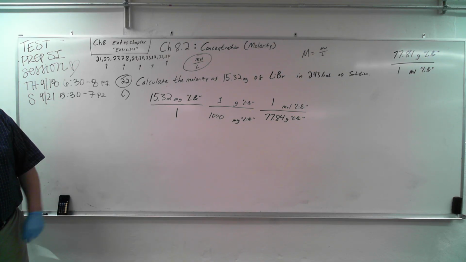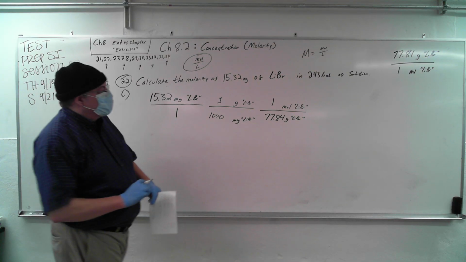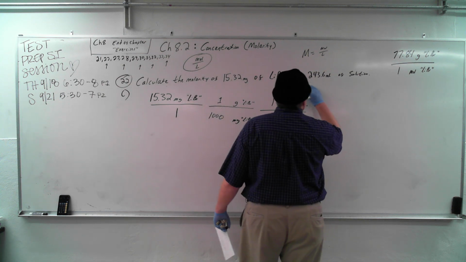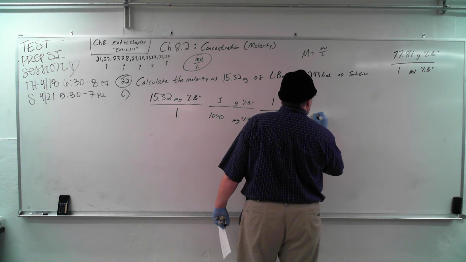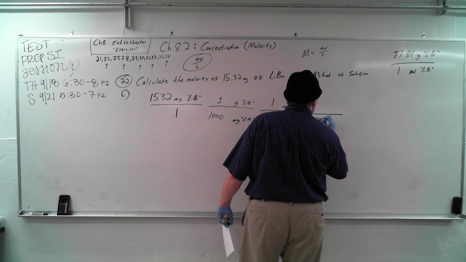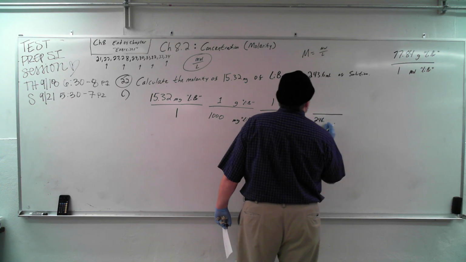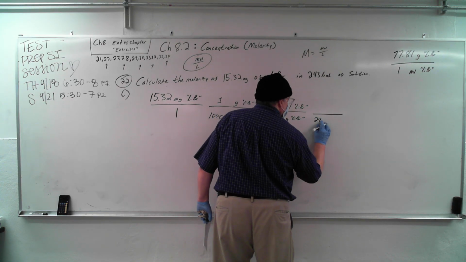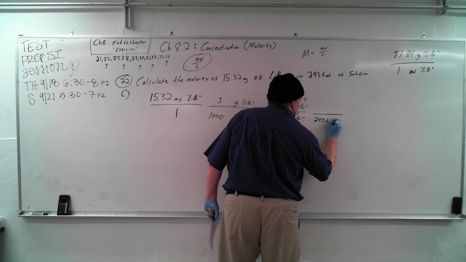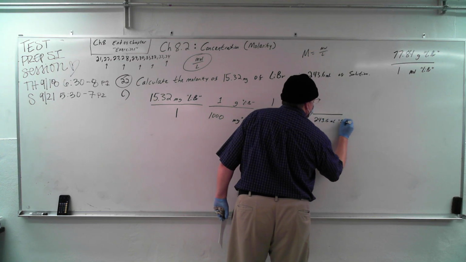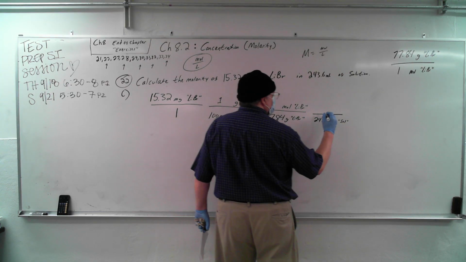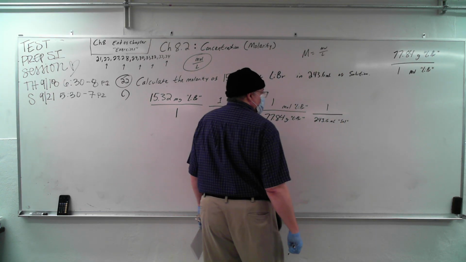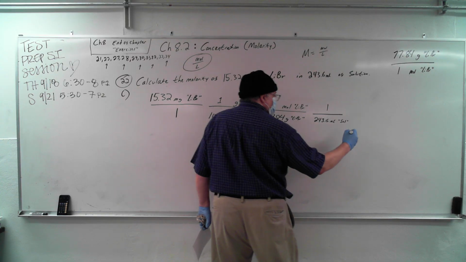Now I need to get liters on the bottom. I've got 243.6 milliliters. I'm just going to say solution, but I mean lithium bromide solution. I'll just put a 1 there. I need to convert to liters.